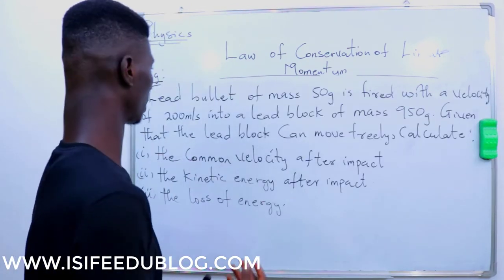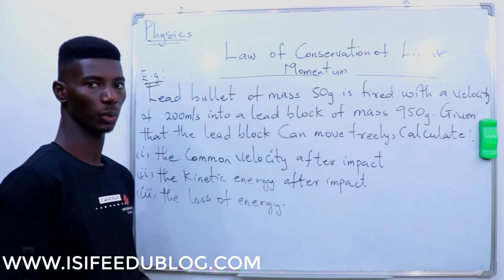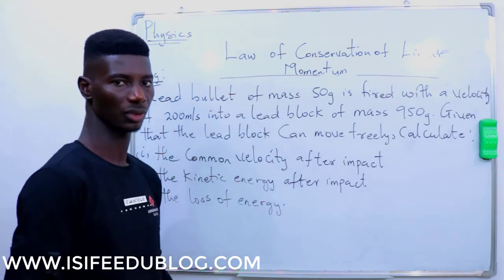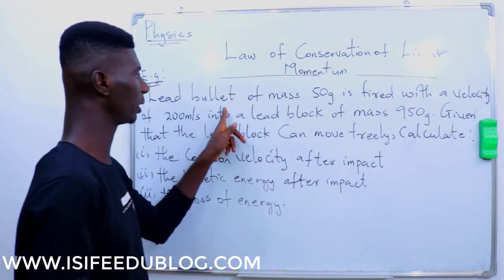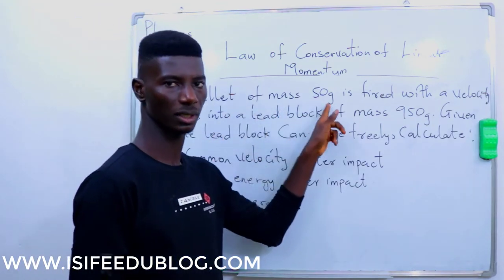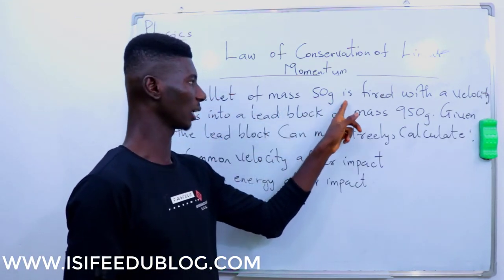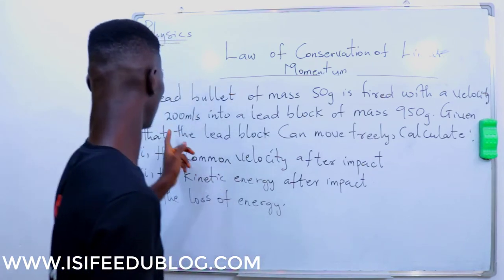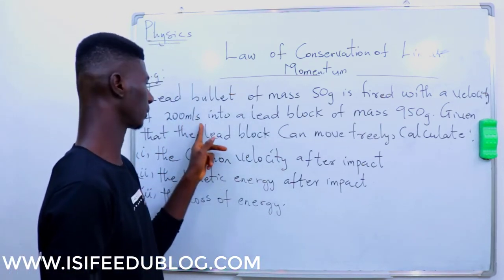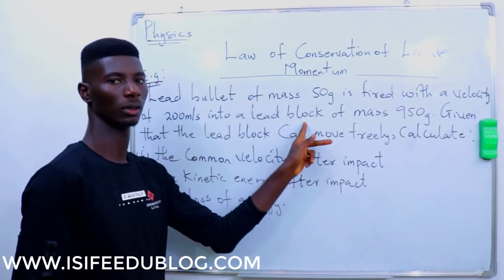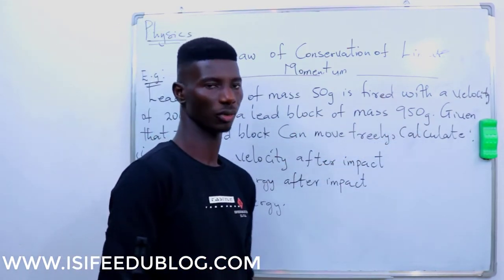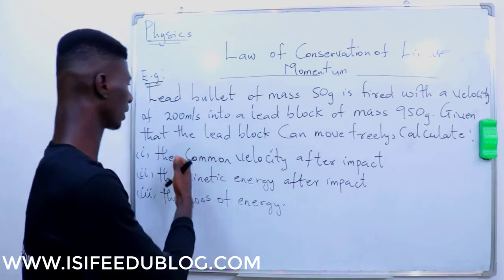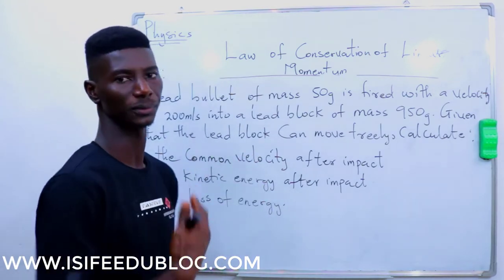Now we have a question here on the board. Now let's see which of the cases this question addresses. The question says, a lead bullet of mass 50 grams is fired with a velocity of 200 meters per second into a lead block of mass 950 grams, given that the lead block can move freely.